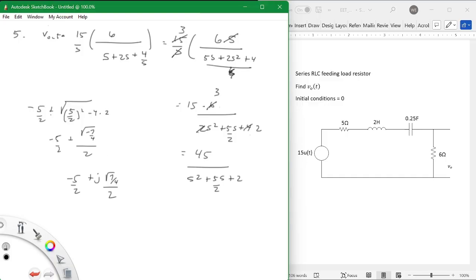So that gets you your final answer. But this one's easier up here, and then you get to this point, and then you finish it off. S squared plus 2.5s plus 2.